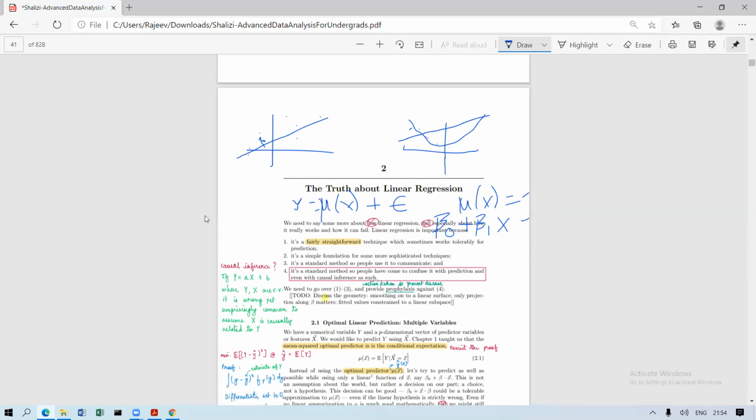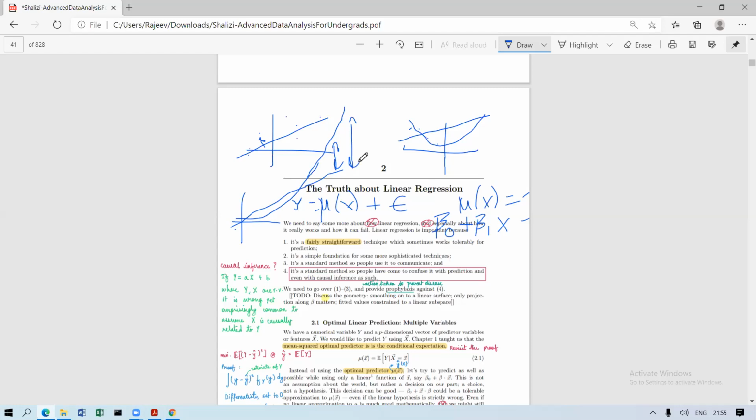An example would be if this is the actual curve and this is your linear fit. As you can see, as x increases, epsilon is basically the difference between the y value and the predicted value, so epsilon changes with x.